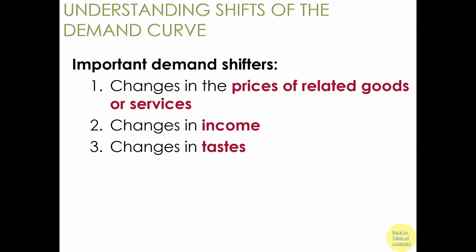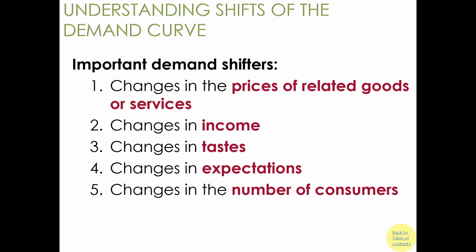And they may have changed relatively quickly in the face of COVID-19. Changes in expectations. If we expect a price to be higher next period, then we might buy more this period. We might speed up our purchases, for example. And finally, the number of consumers, the number of buyers in the marketplace. Those are all important demand shifters.